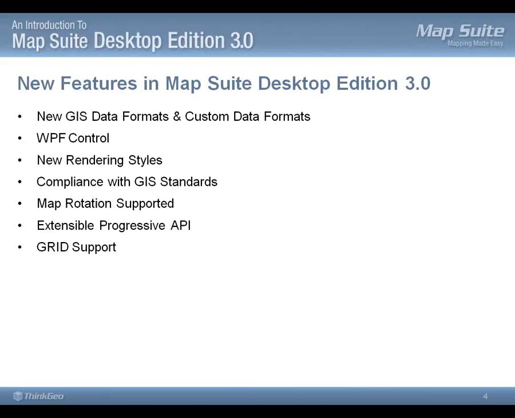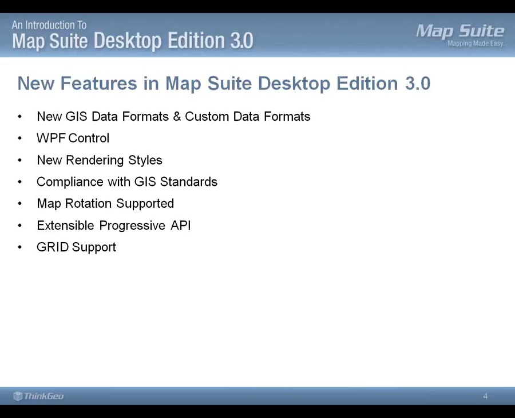Additionally, another great feature is that we do support WPF as a control. So now if you're building a new desktop application in WPF, we have a solution for that. We've added lots of new rendering styles, such as regex and other various styles, that allow you to have full control over how the map is rendered and make it easier to implement custom rendering techniques.